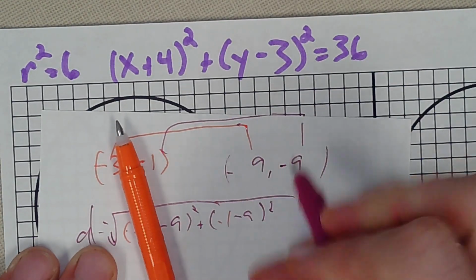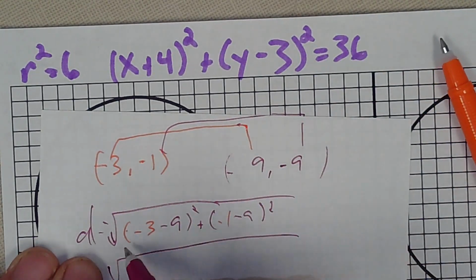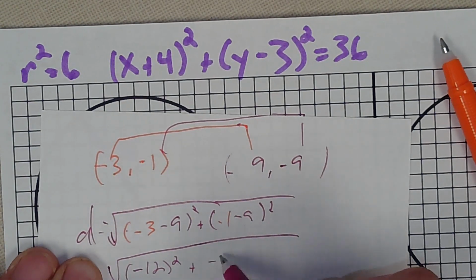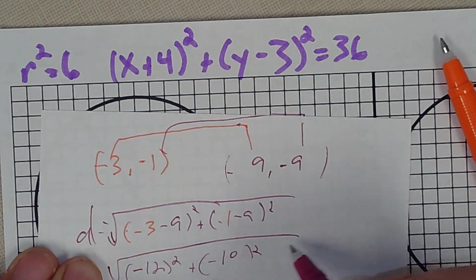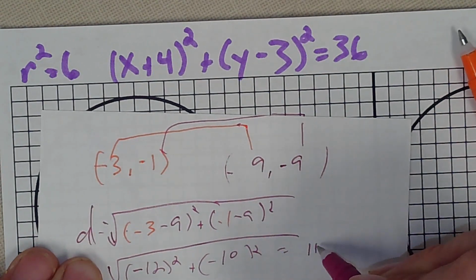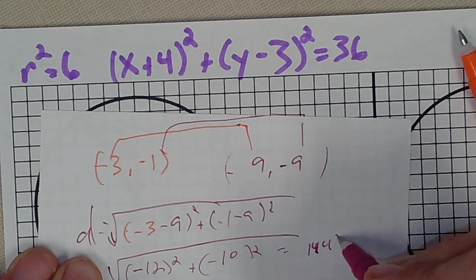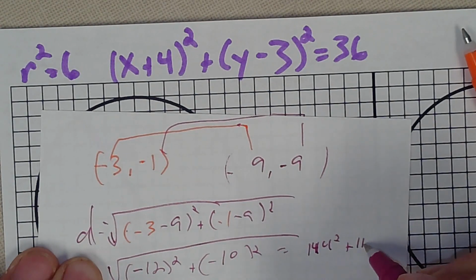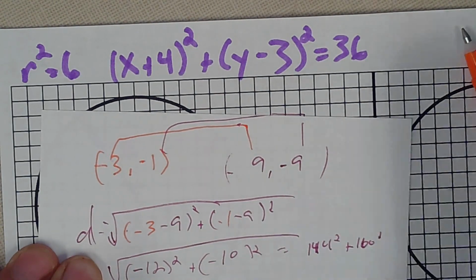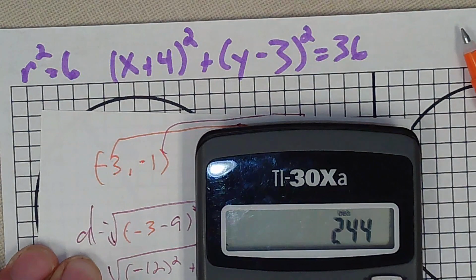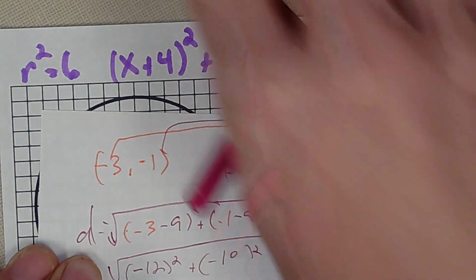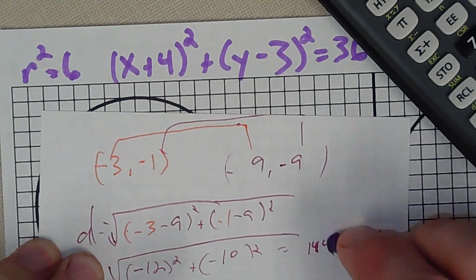Quantity squared. All right, so that's going to be the square root of -12 squared plus -10 squared, which is 144 plus 100. So that's 244. Sorry, get rid of those squares here.